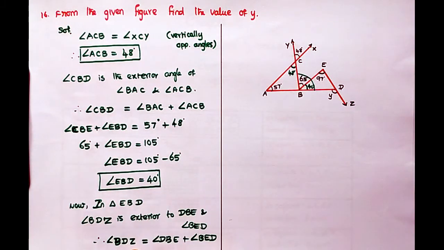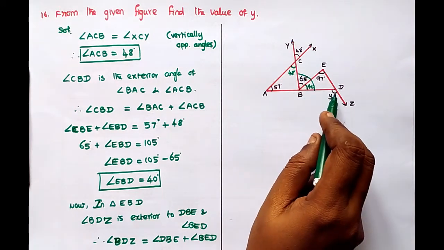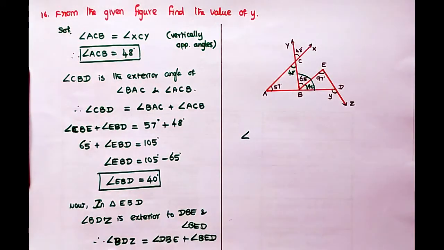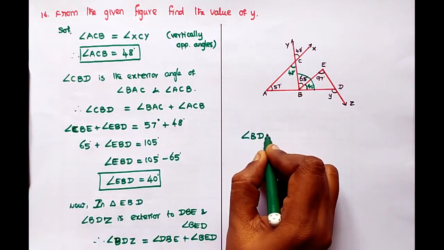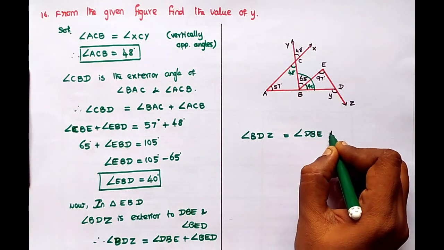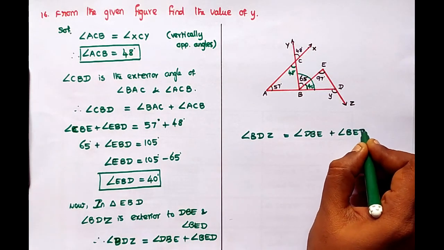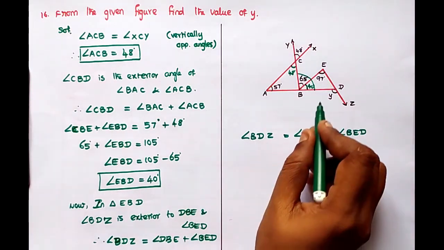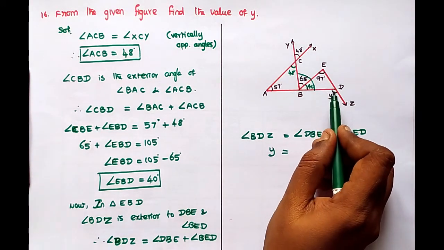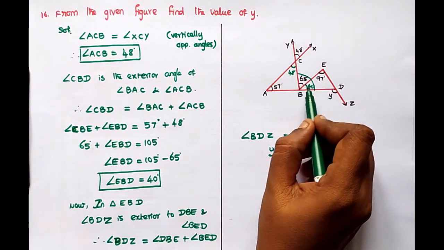So angle BDZ is what? BDZ is Y. Write this one. BDZ equal to angle DBE plus angle BED. DBE, that is 40 degrees.